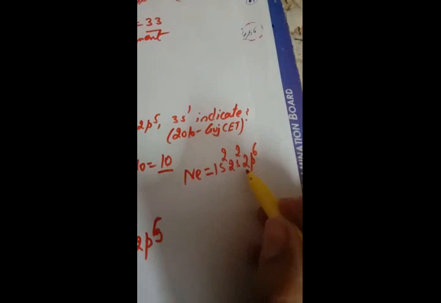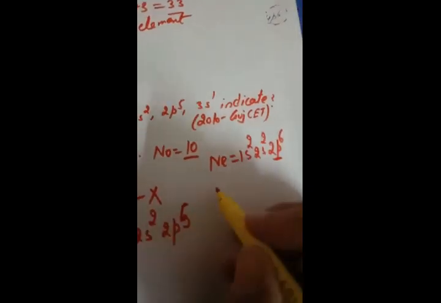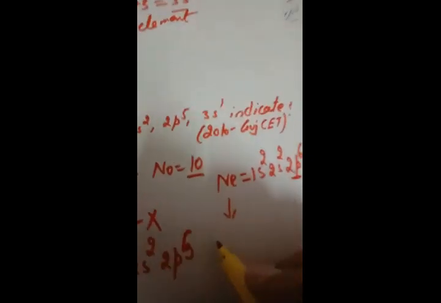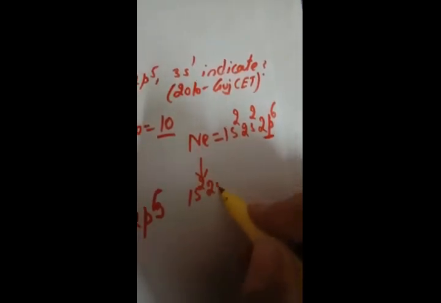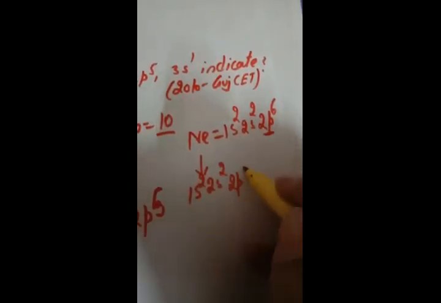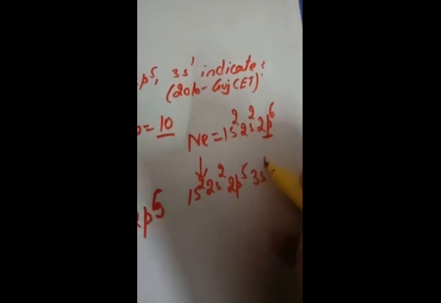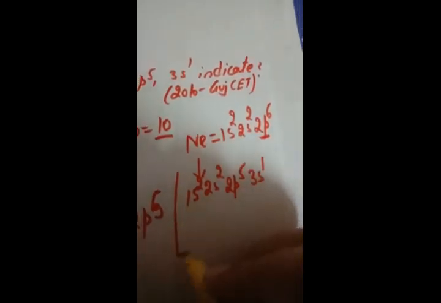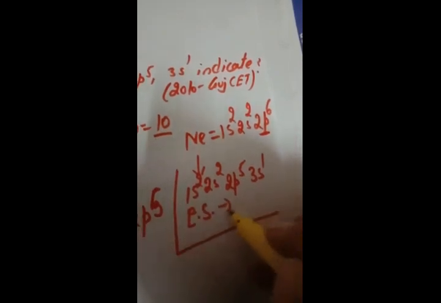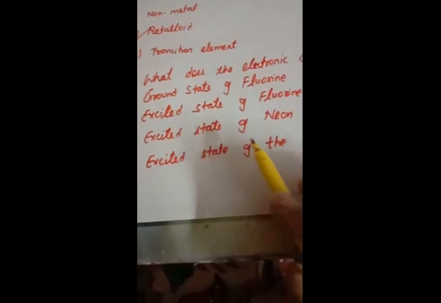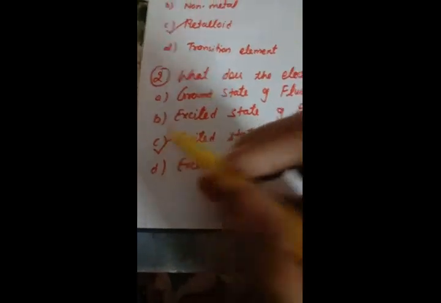And if one electron is excited from 2p, then it comes to the excited state, and its configuration becomes 1s2, 2s2, 2p5 and 3s1. This is the excited state configuration for neon. So what is the answer? The third one is the answer, that is excited state of neon.